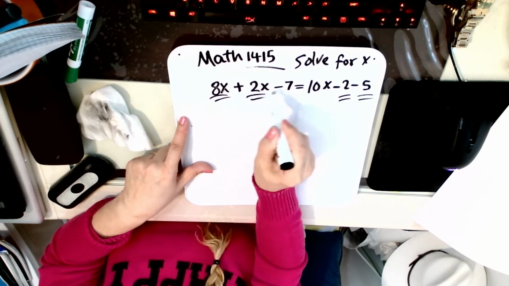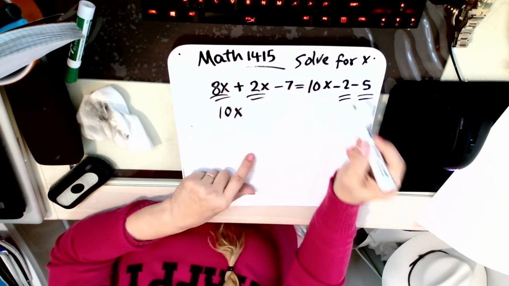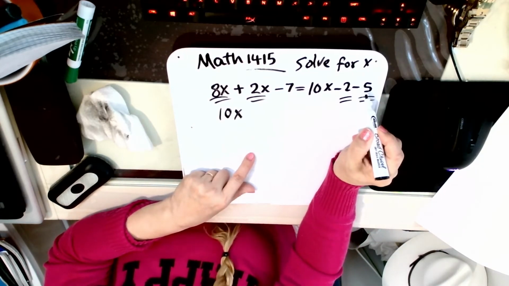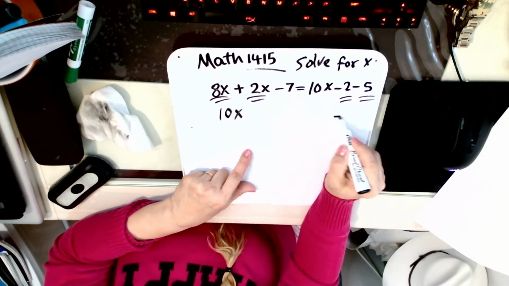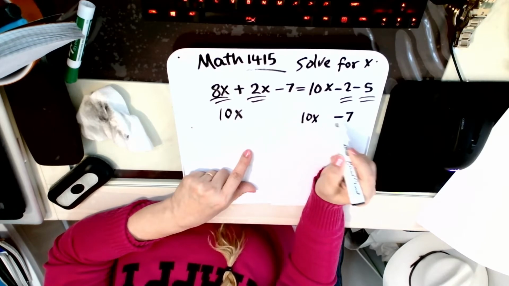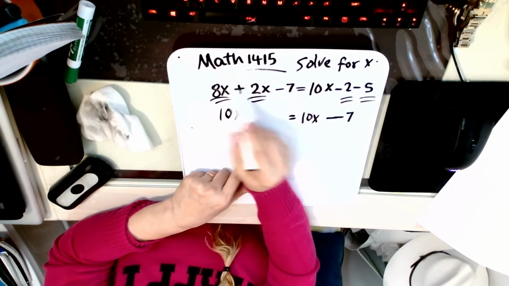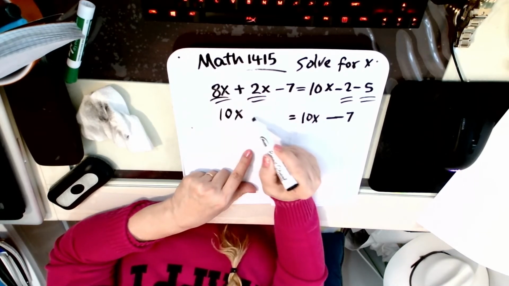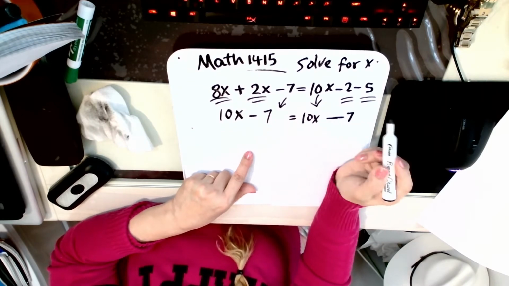So 8x plus 2x is 10x, right? Minus 2 minus 5 is minus 7. So 10x minus 7. We added these two and then minus 7. This goes down, this goes down.